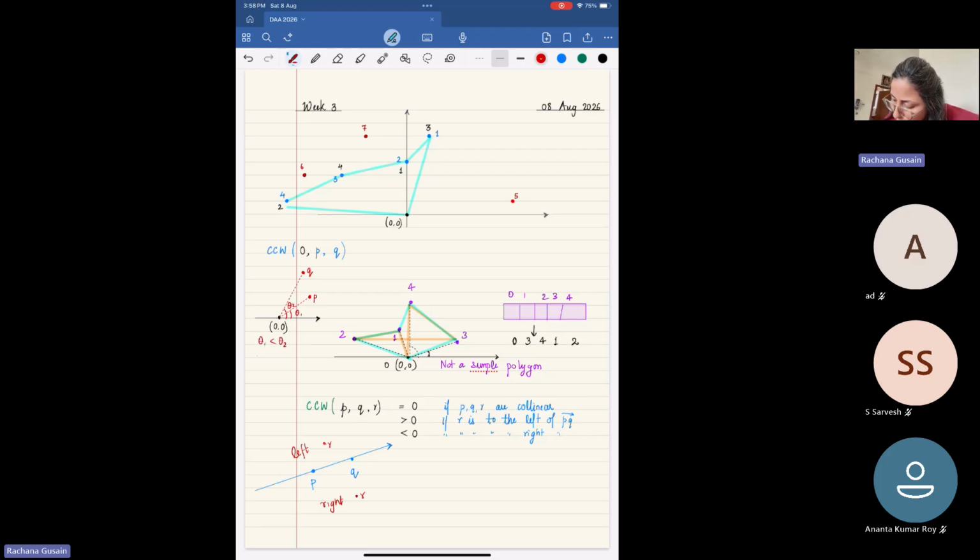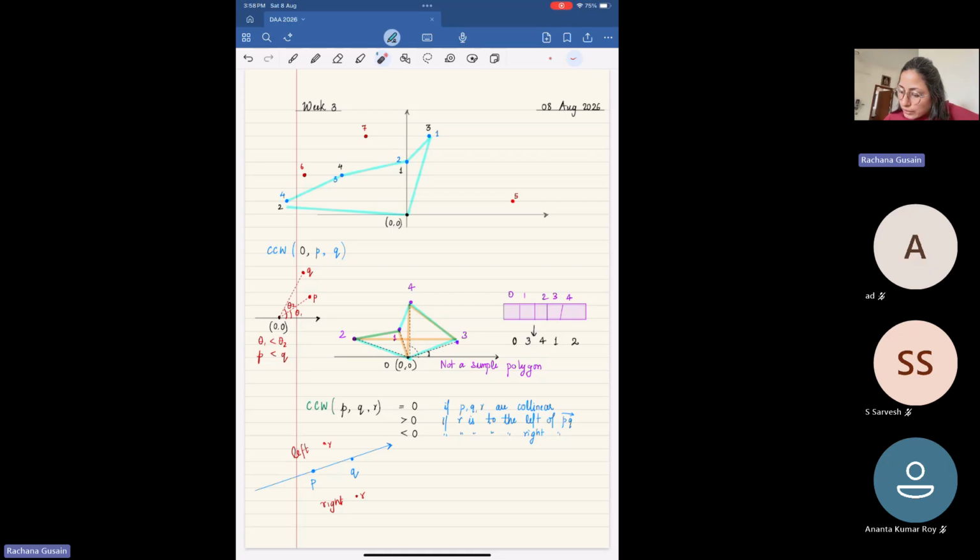It means that P should come before Q. This notation does not really make sense here, I cannot write P less than Q, but when I use this notation, I mean that in the sorted order, P must come before Q if θ1 is less than θ2.